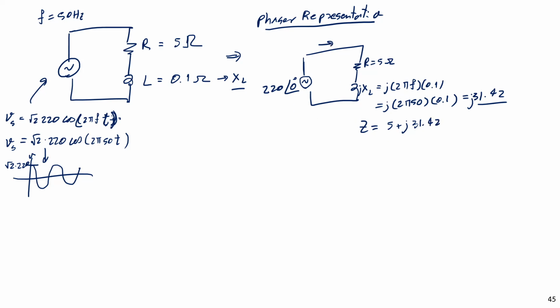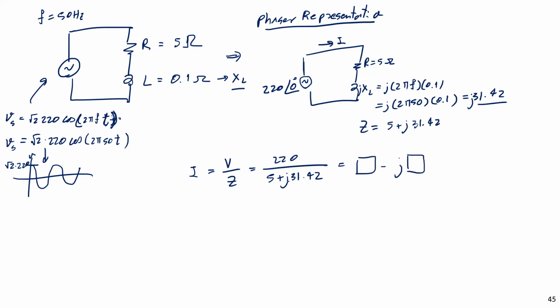We can calculate the current in phasor form as well. The current will be V divided by impedance, as 220 divided by 5 plus j 31.42, like that. So we get the current.